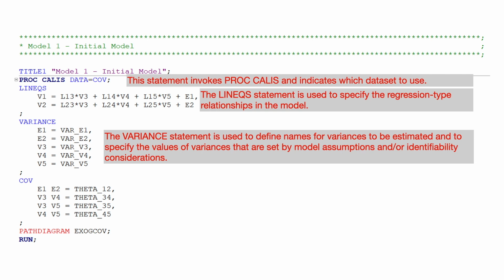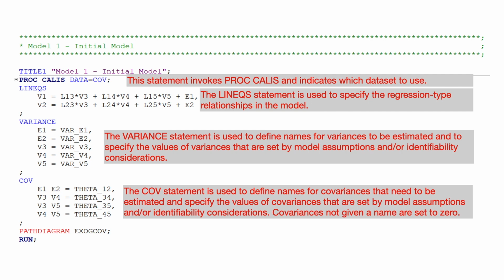The variance of E2 is going to be labeled var_E2. The variance of manifest variable V3 is var_V3. The variance of V4 is going to be denoted by var_V4. And finally, the variance of manifest variable V5 is going to be denoted by var_V5.